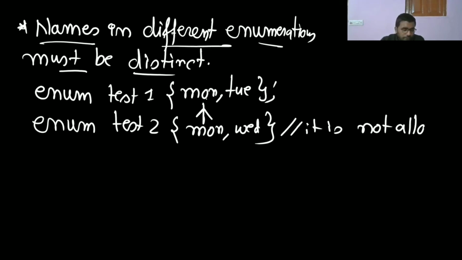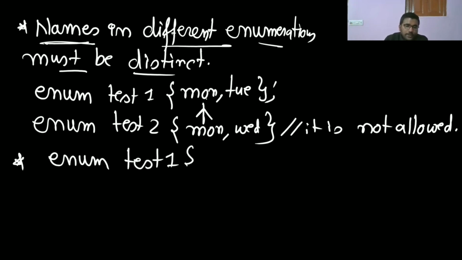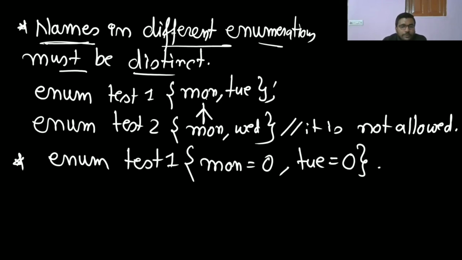So names should be different in different enumerations. Very important. Values need not be distinct in the same enumeration. If I write enum test one, Monday is equal to 0, and Tuesday I also make 0, this is allowed.